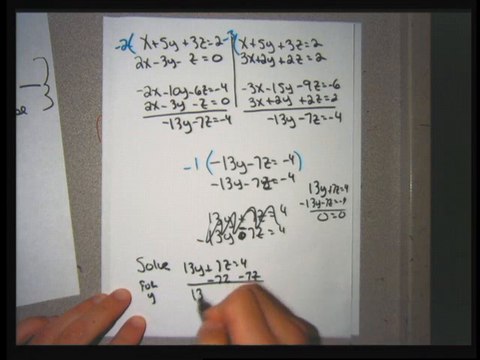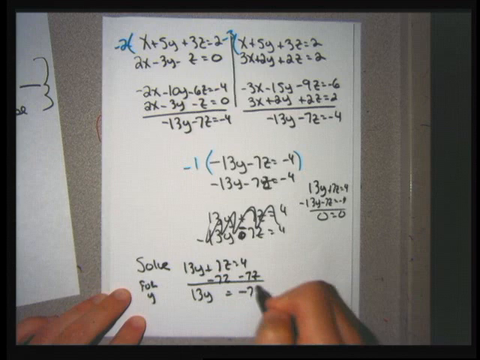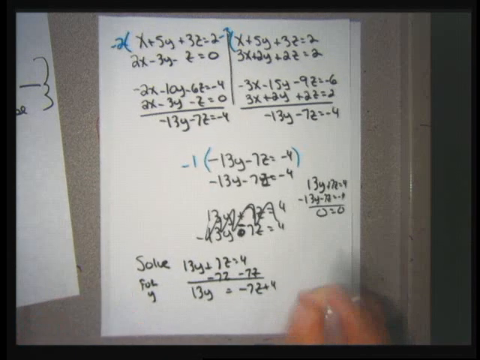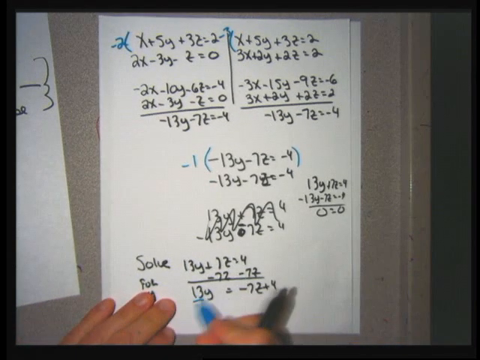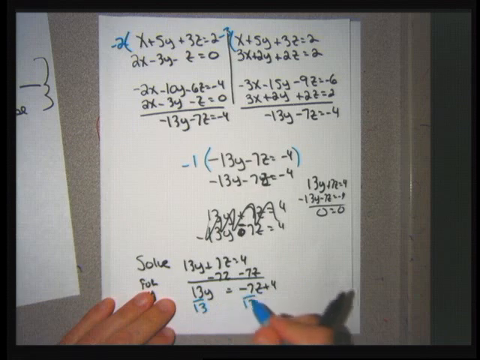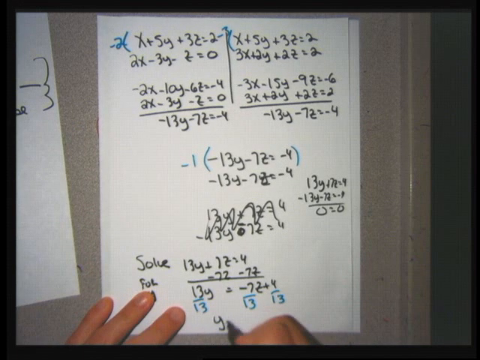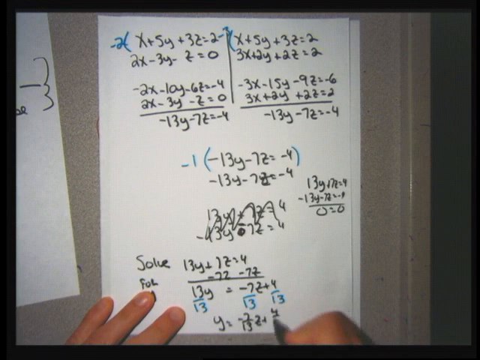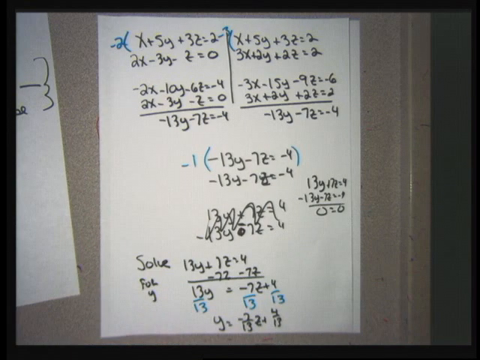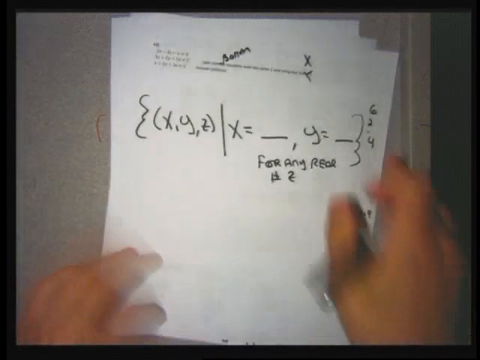That's going to give me 13y equals minus 7z plus 4, and divide by 13, which is going to give me y equals negative 7 over 13 z plus 4 over 13. In my answer, I'm going to write that next to the y.